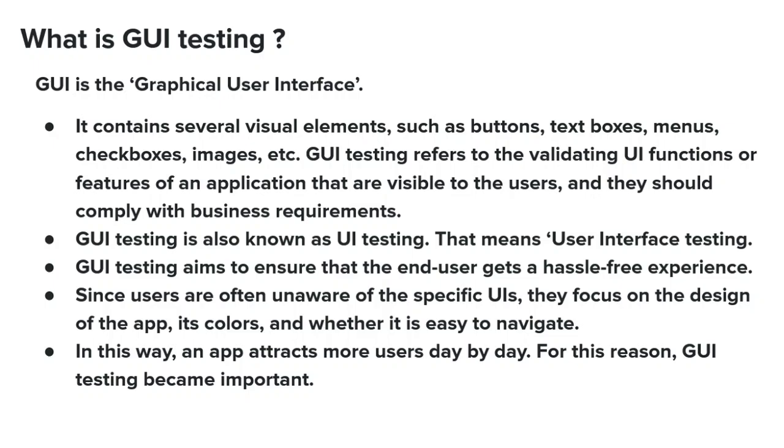All these things come under GUI testing. In this way, the app attracts more users day by day. For this reason, GUI testing becomes very important in the software testing phase.